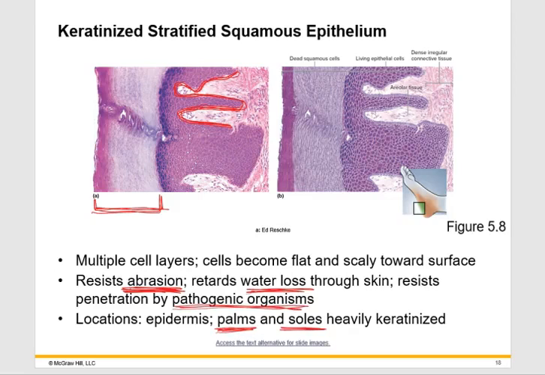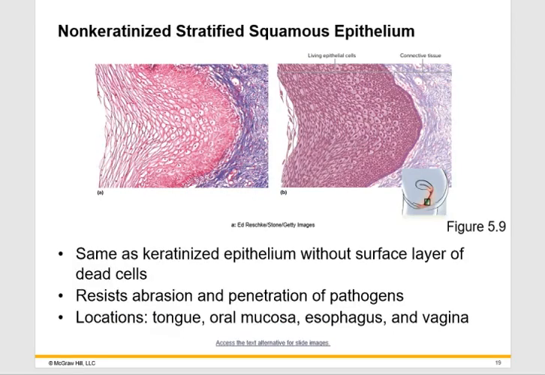The non-keratinized stratified squamous epithelium looks a little different, doesn't look quite as rough. You can actually see the nice basement membrane here. And then notice the cells get flatter and flatter as they come to the outside, but they don't have that big, thick keratinized layer on the outside.